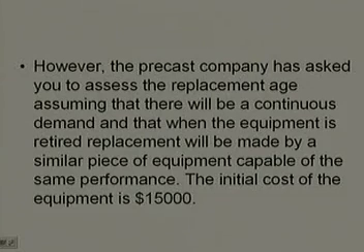The precast company has asked you to assess the replacement age, assuming that there will be a continuous demand and that when the equipment is retired, replacement will be made by a similar piece of equipment capable of the same performance. The initial cost of the equipment is $15,000.